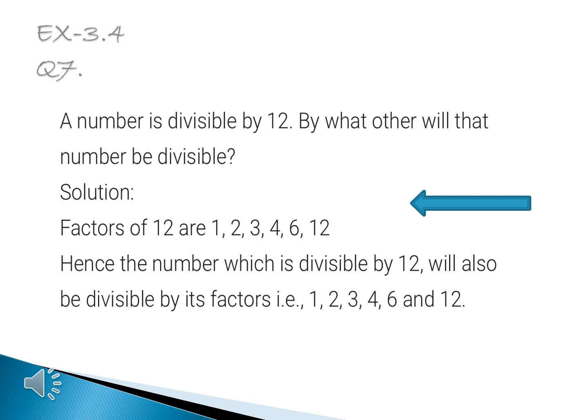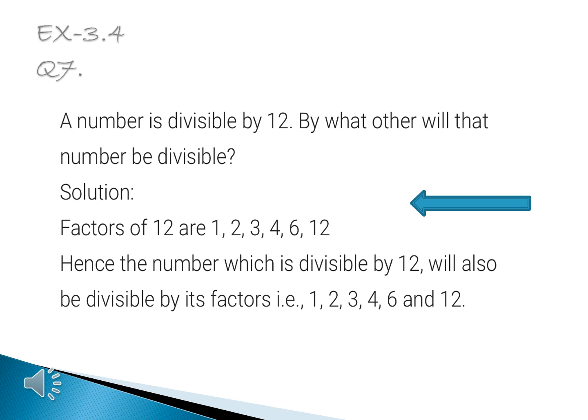7th question. A number is divisible by 12. By what other number will that number be divisible? This is not similar to the 6th question. Here we are given only one number, that a number is divisible by 12. Another knowledge that we gain from this question is, if a number is divisible by 12, it will be divisible by all the factors of 12 as well.